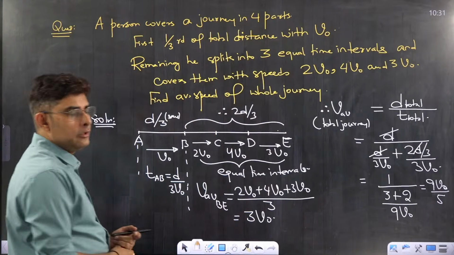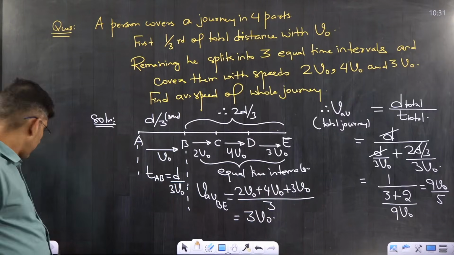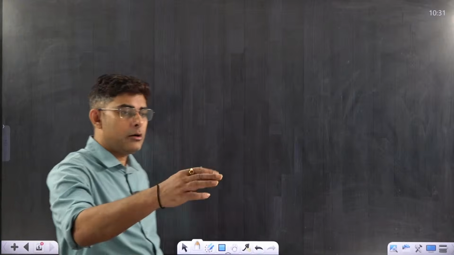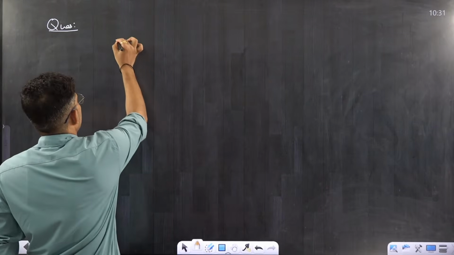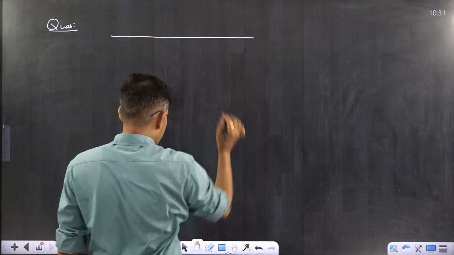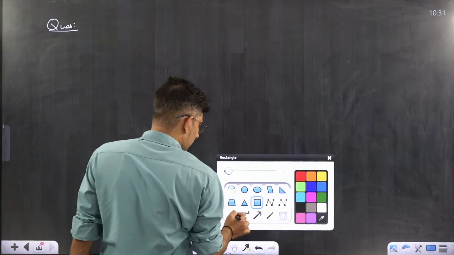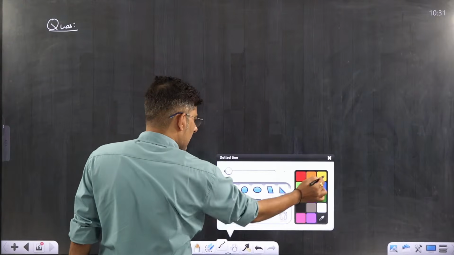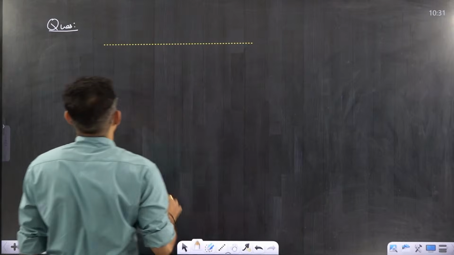Fine. So let's move on now to the next question, where we will be taking the concept of average velocity. Let's see that. For this particular question, we are taking a very common question which is framed. Let's take some data according to the situation.